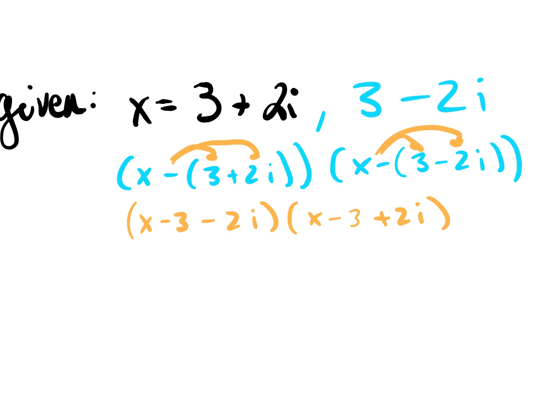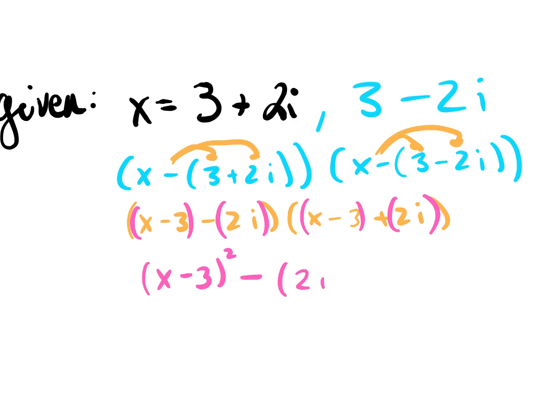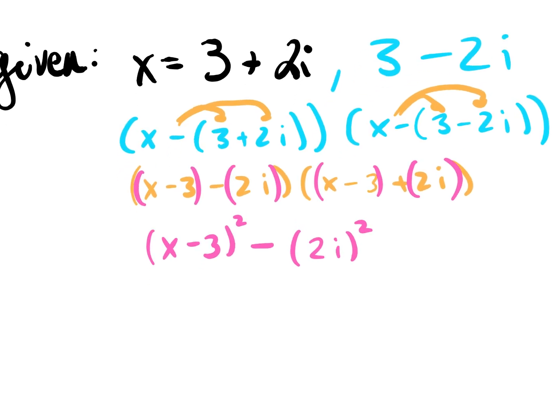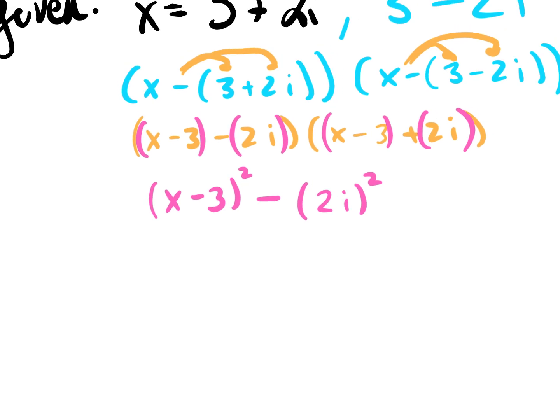Now here we will always have conjugates. My first term is x minus 3 and my second term is 2i. So what's the shortcut to FOIL these out? X minus 3 squared minus 2i squared. So we can start by multiplying out that x minus 3 squared.